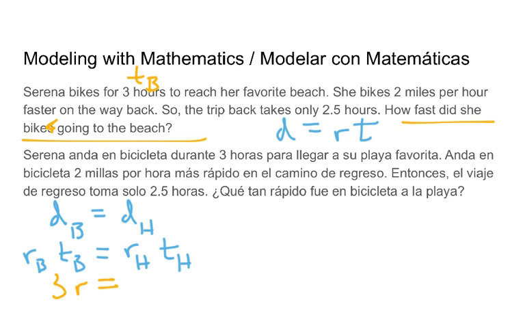On the right-hand side, we have a return trip of 2.5 hours. And for the rate, we're told that we go 2 miles per hour faster. So rate plus 2. And there's our equation.